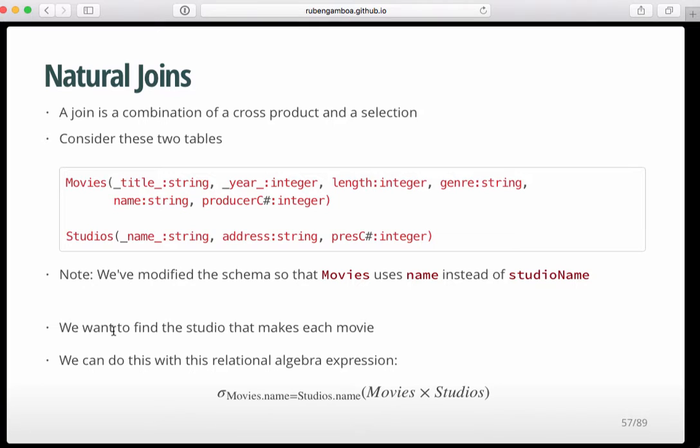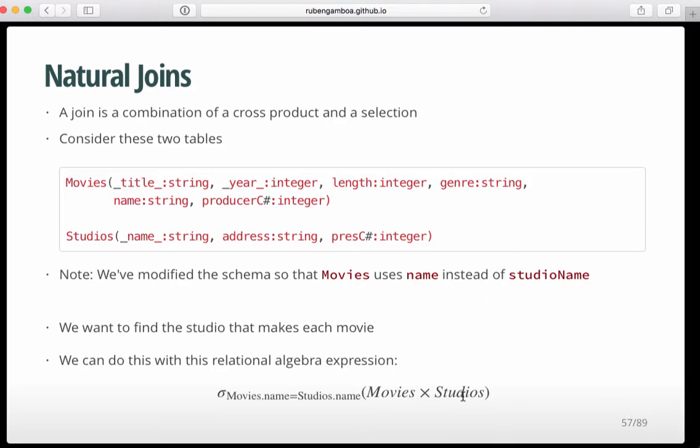Okay, so what I'd like to do is figure out what studio makes each movie. That's what a join can do, okay? We're actually going to do it first as a combination of a selection and a cross product. So we'll take movies and studios and we take the cross product. So what does that look like? Each movie is listed with 1, 2, 3, 4, 5, however many studios.